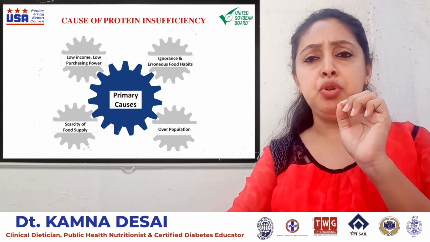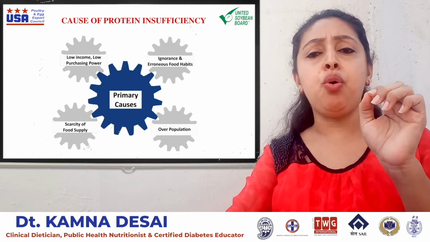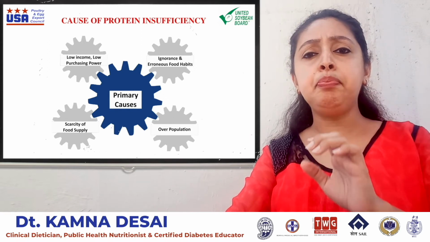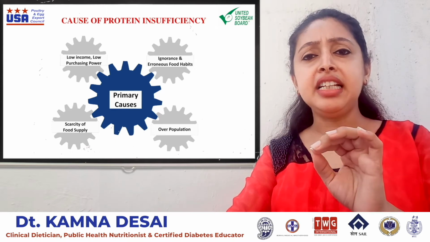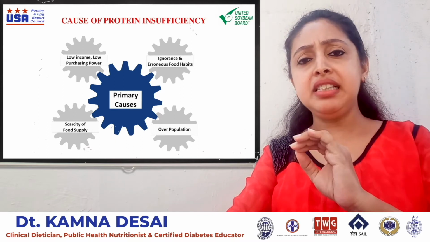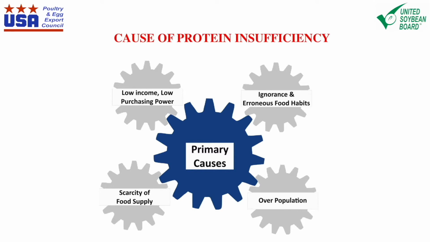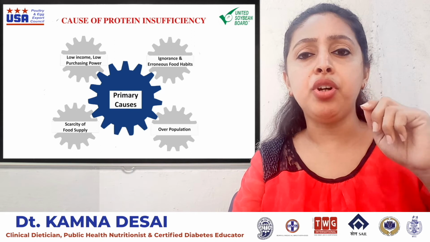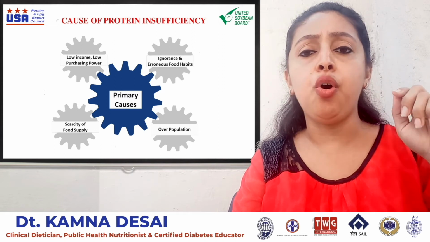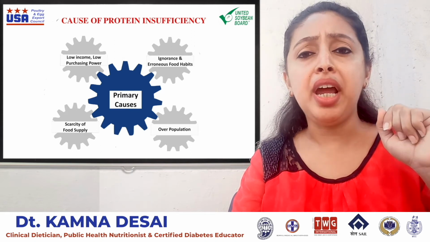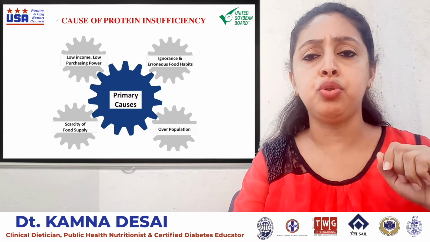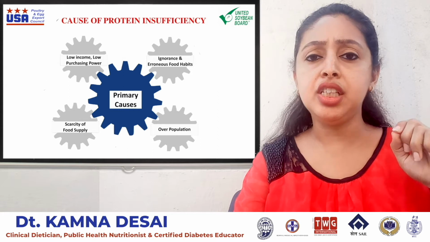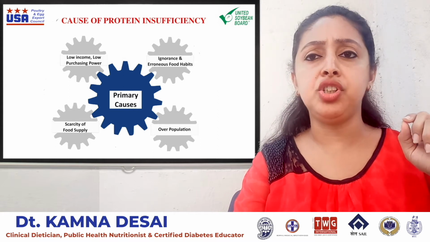A simple example would be, take the pulses or the legume prices and compare them against the cereal prices, and you will realize that legumes and pulses are much more expensive as against your grains or cereals. Or even dairy product prices are not light on the monthly budget. The prime reason for a population being protein inadequate or protein insufficient is low income or low purchasing power.